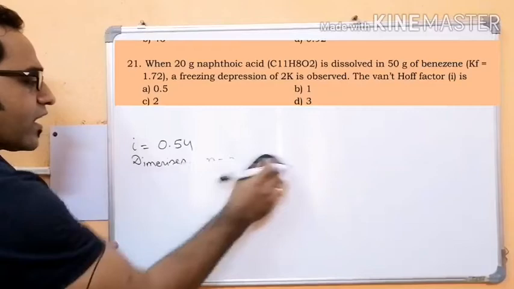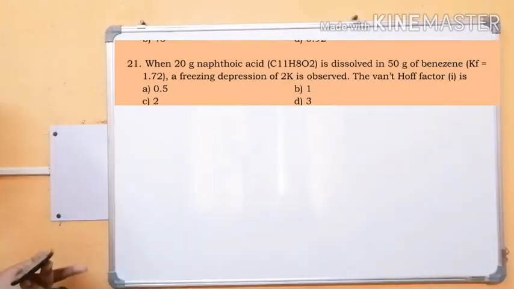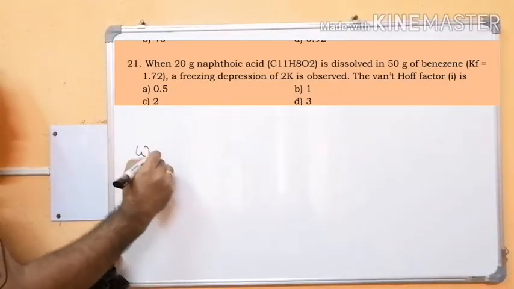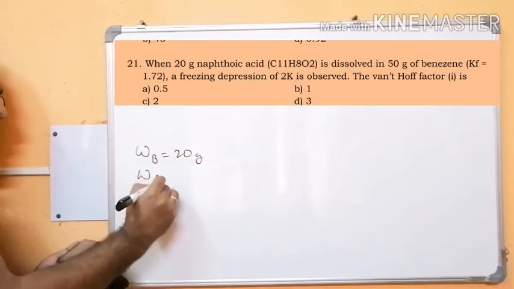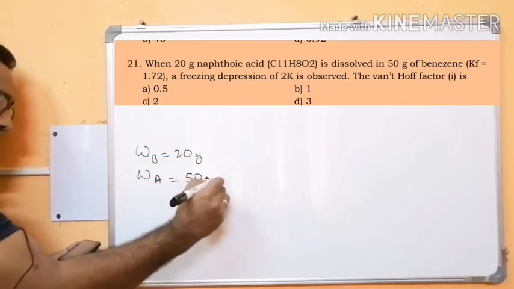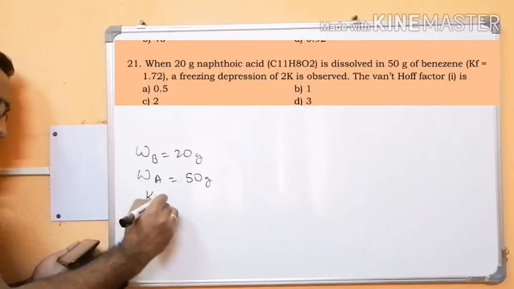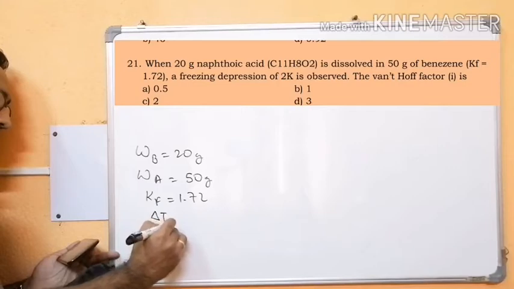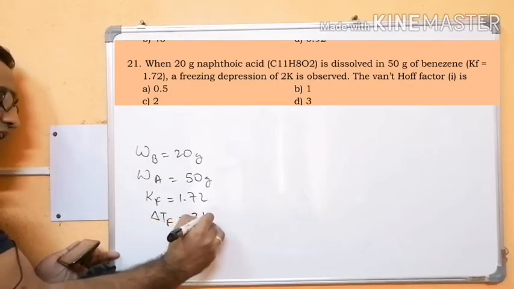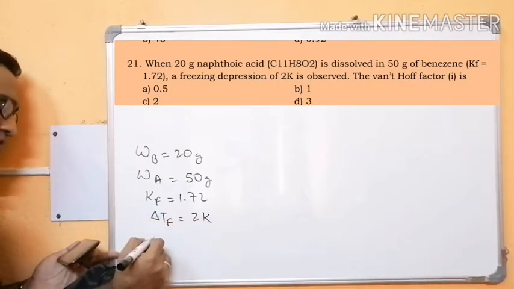The data given are: 20 gram naphthoic acid, so WB is 20 gram, WA is 50 gram, Kf is equal to 1.72, delta TF is equal to 2 Kelvin, and you have to find out i.